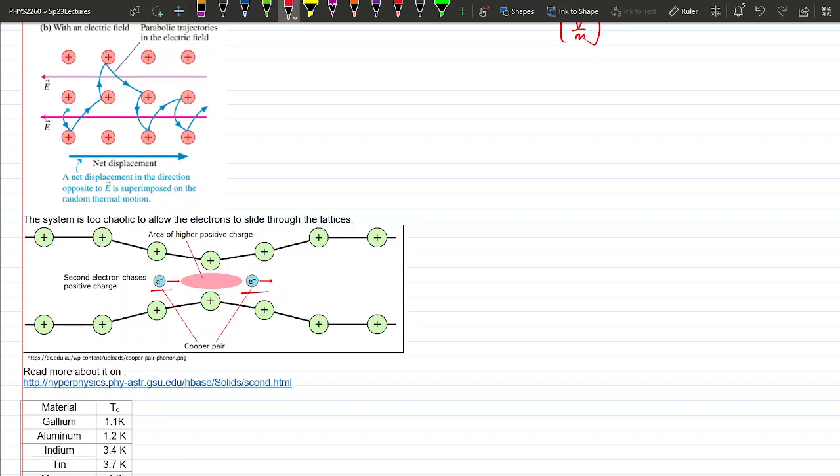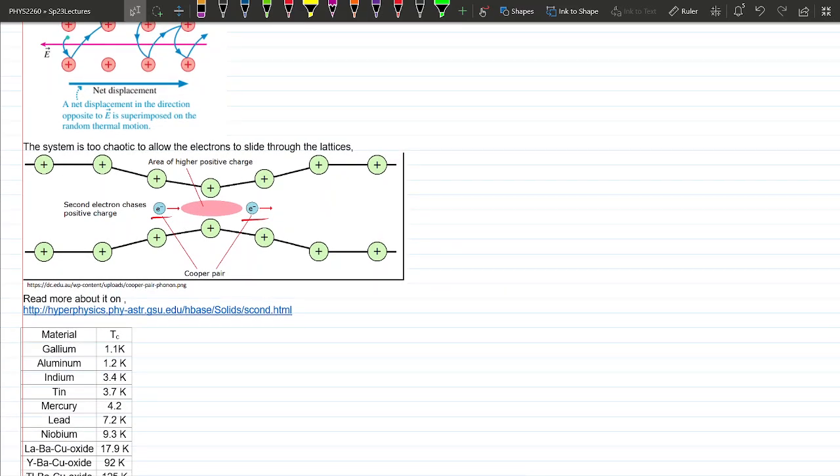But what happens is that when the electrons are moving slower, and this is another view of the positive nuclei in our material, drawn so that it's a very ordered material, so only certain materials can be superconductors, not everything.